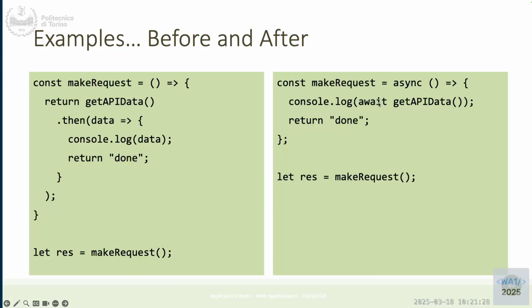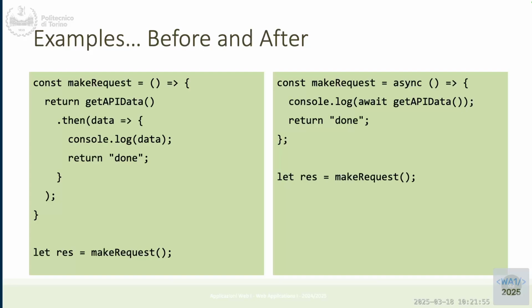For calling await, remember that the function itself should be asynchronous. So the containing function, in this case the make request function, is a normal function. If we want to use await, we must declare the function as asynchronous itself. But apart from this detail, we don't care whether this get API data is declared as an async function or as a normal function returning a promise.